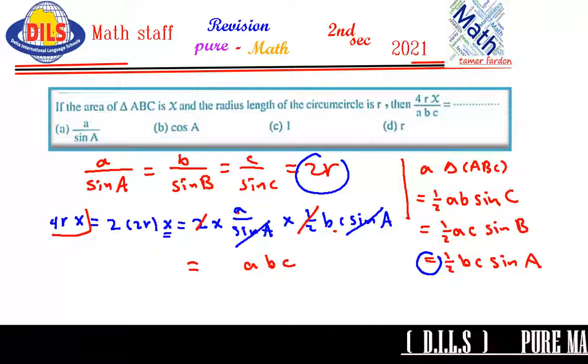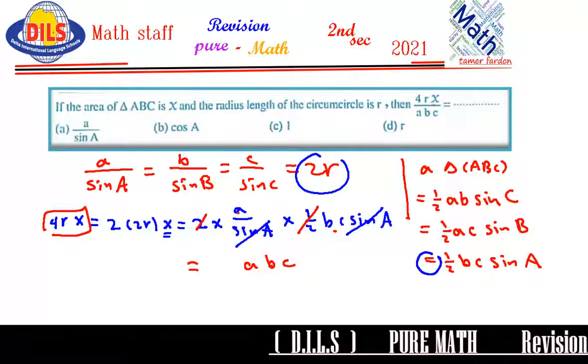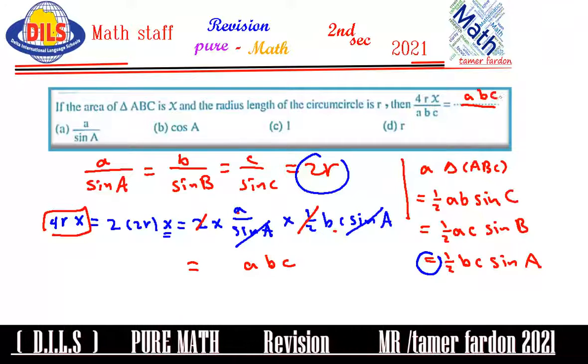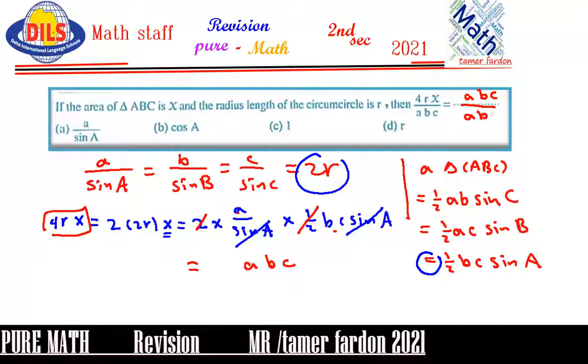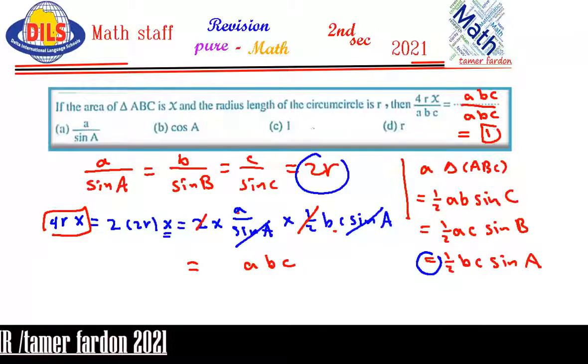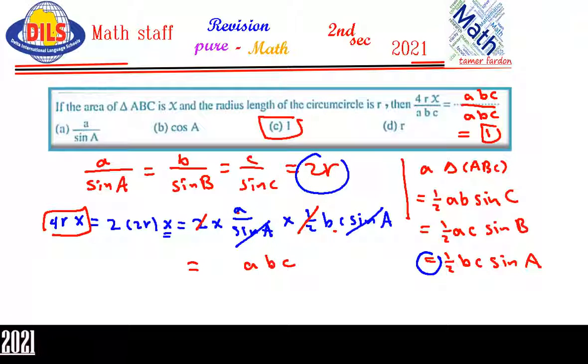This is the numerator of the given expression. So the value equals a times b times c over a times b times c, which equals 1. So the correct answer is 1.